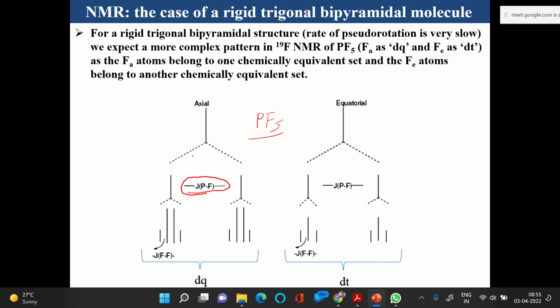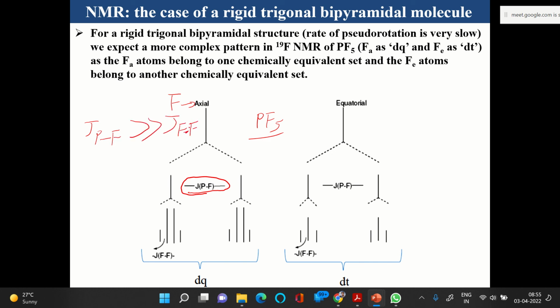So they split. You take the axial fluorine, and the first interaction is with phosphorus, which is much stronger, so the splitting is much larger. JPF is much larger than JFF.